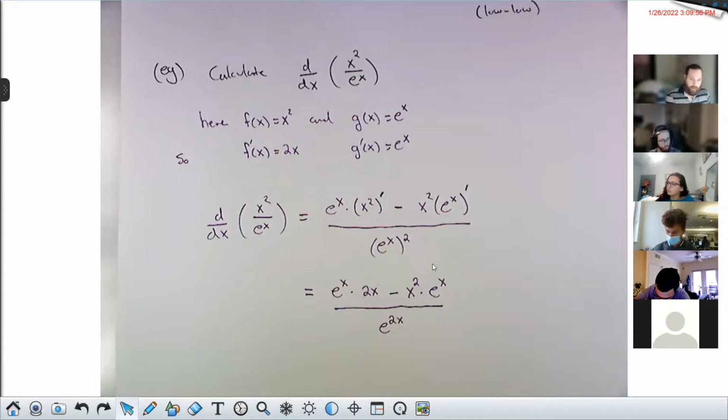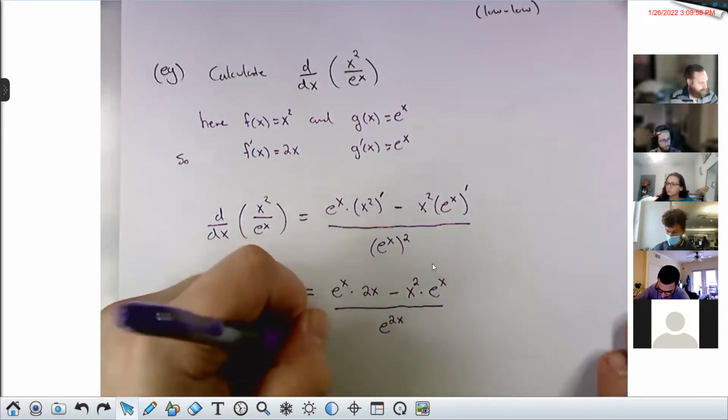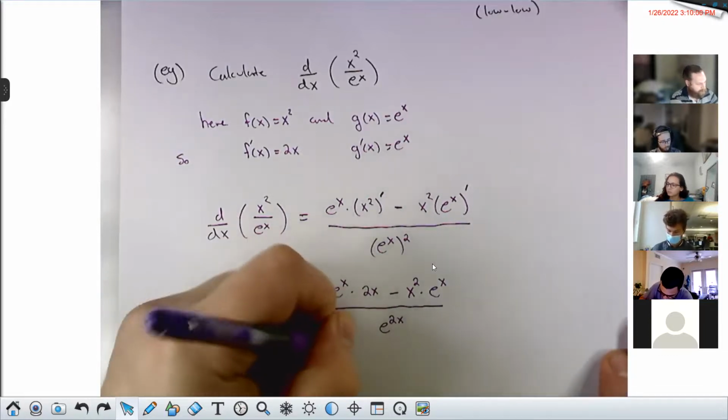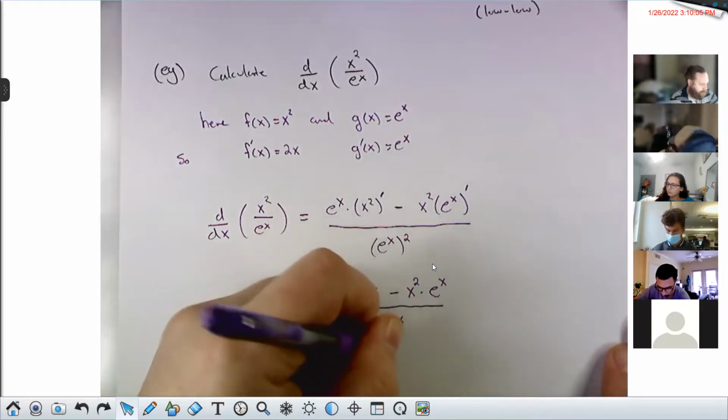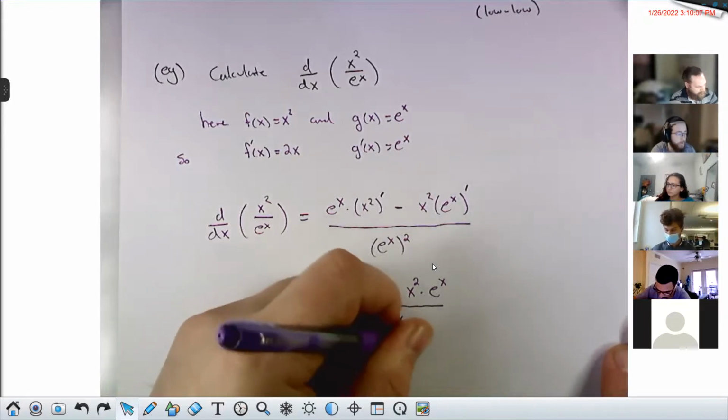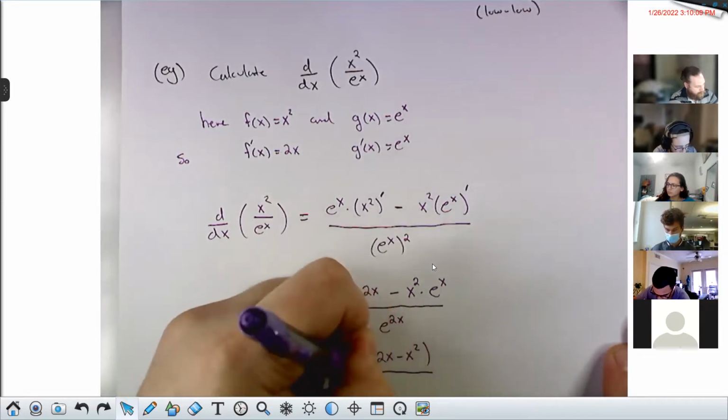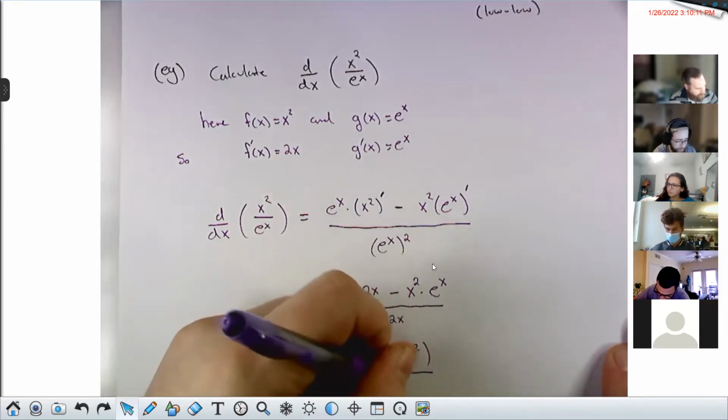And we can factor out an e to the x, as in that previous example. And what's left upstairs is 2x minus x squared. Downstairs is e to the 2x.